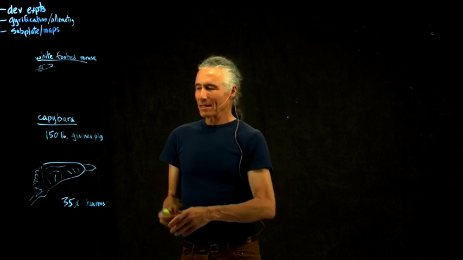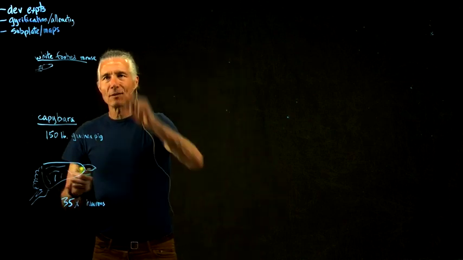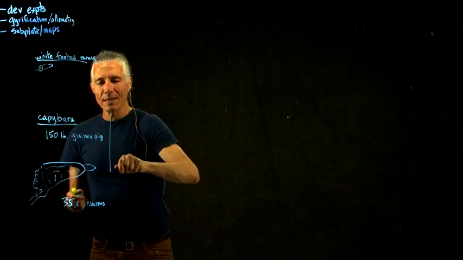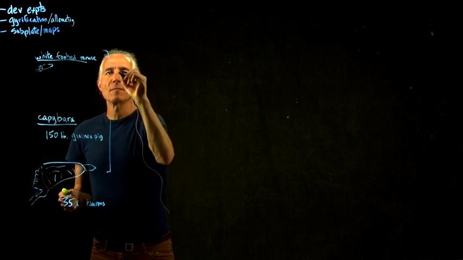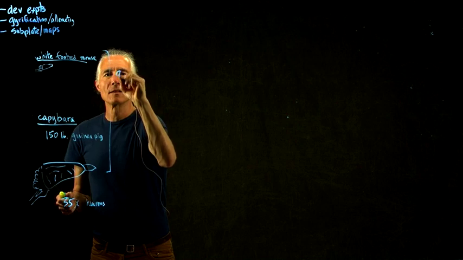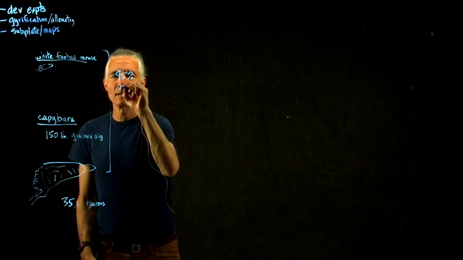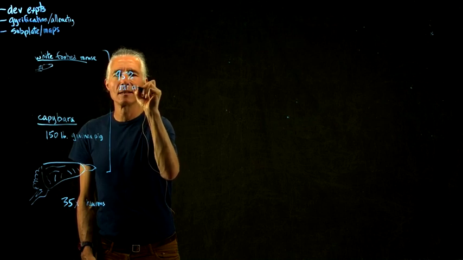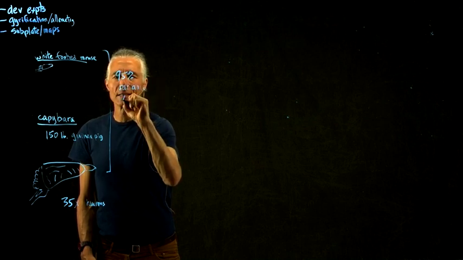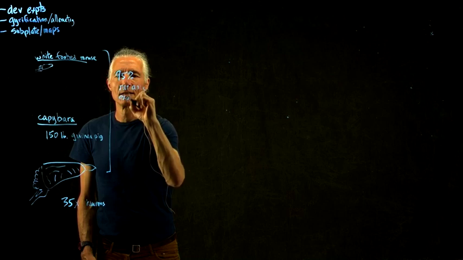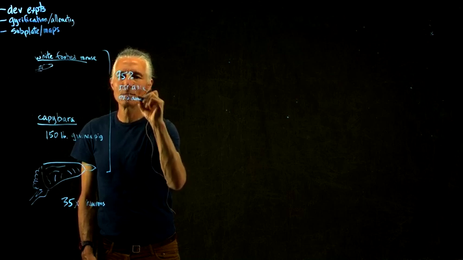So when you look at brain size, what you see is that maybe 95% of the variance in brain size is explained by body size. True in humans too.